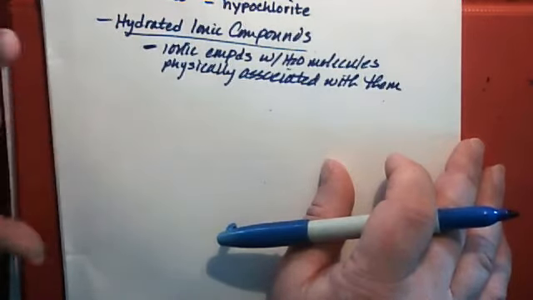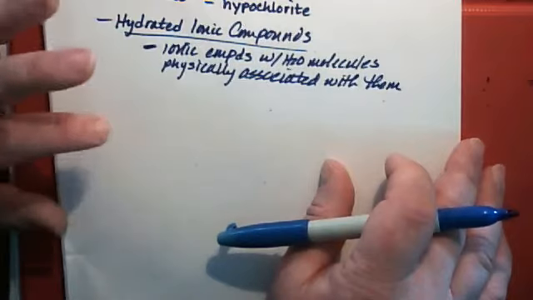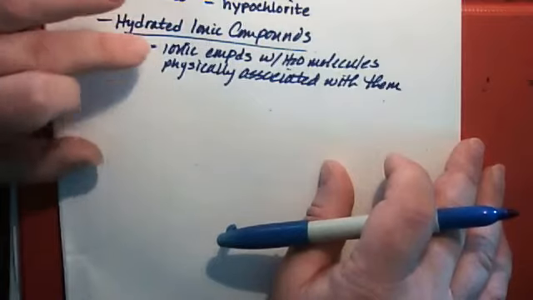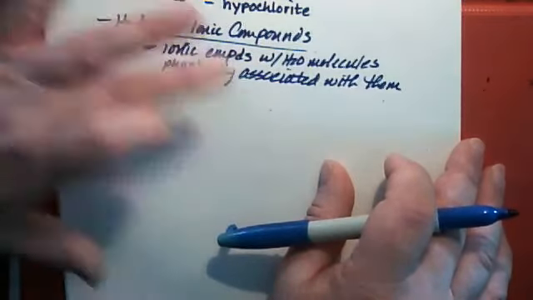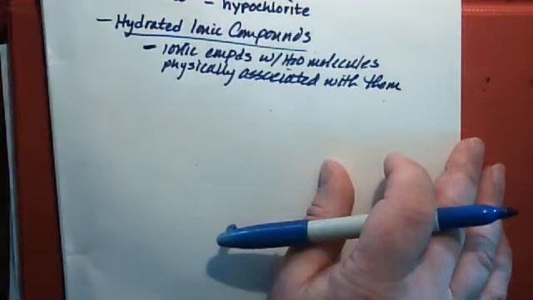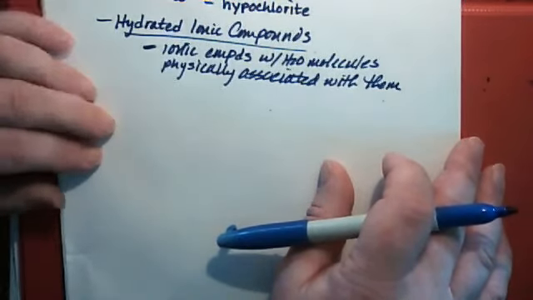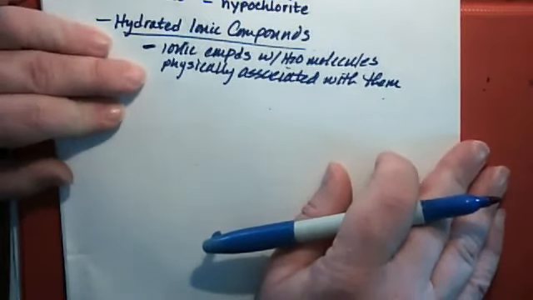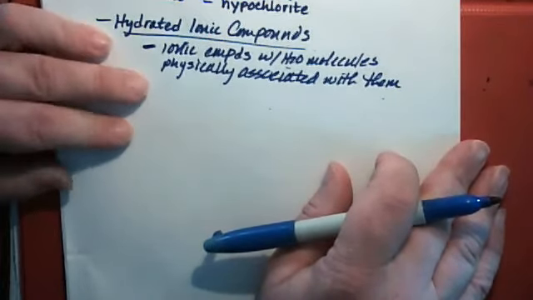But they are physically associated strongly enough that there tend to be a consistent number of water molecules for each formula unit of the ionic compound. And so the H2Os are generally included with the formula for the ionic compound, although we have to have some way of distinguishing them from the parts of the molecule that are chemically bonded to each other.